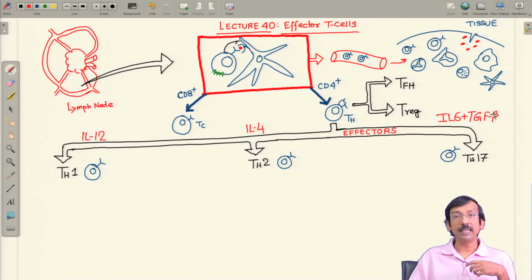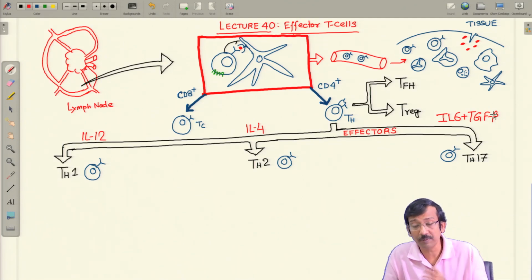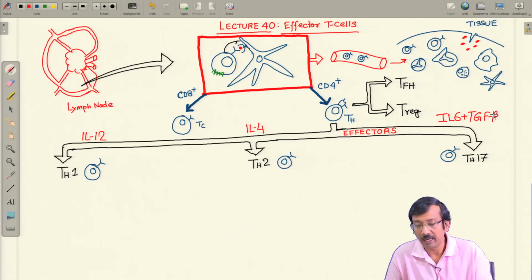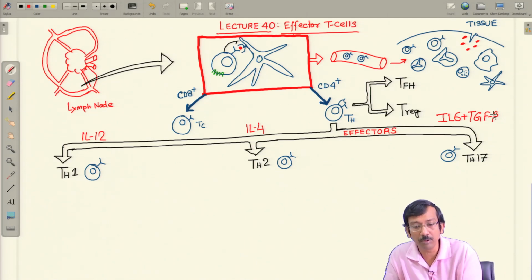The Th17 is named so because it is one of the major sources of the interleukin IL-17.